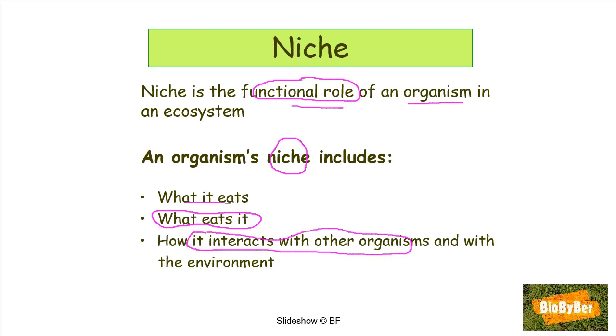So perhaps it is in competition with the cattle in the field, and they are both eating the grass and keeping the grass plants down. So in a nutshell, the organism's niche or way of life includes what it eats, what it is eaten by, and how it interacts with other organisms and with its abiotic environment.